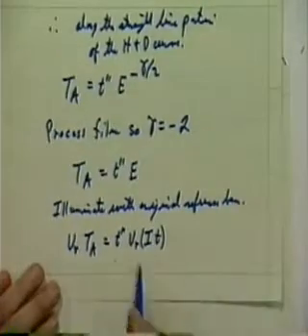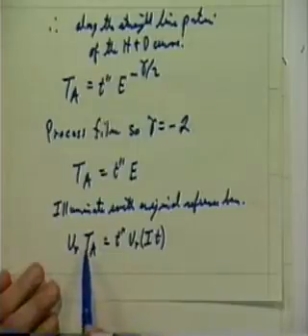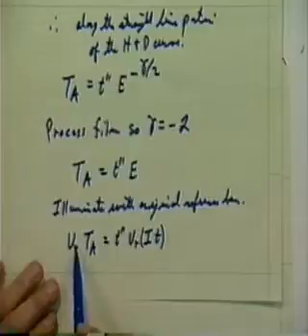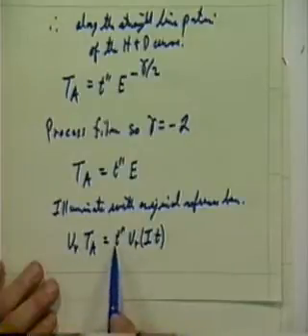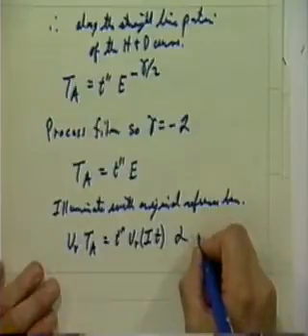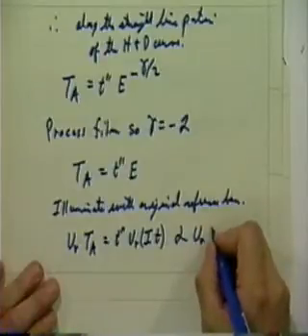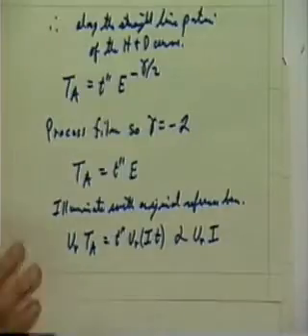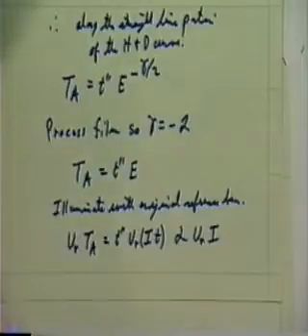Here we're saying that we're going to illuminate the recorded hologram with the original reference beam. And so we're going to get something out that is proportional to the reference beam times the exposing intensity. And the exposing intensity went as this.